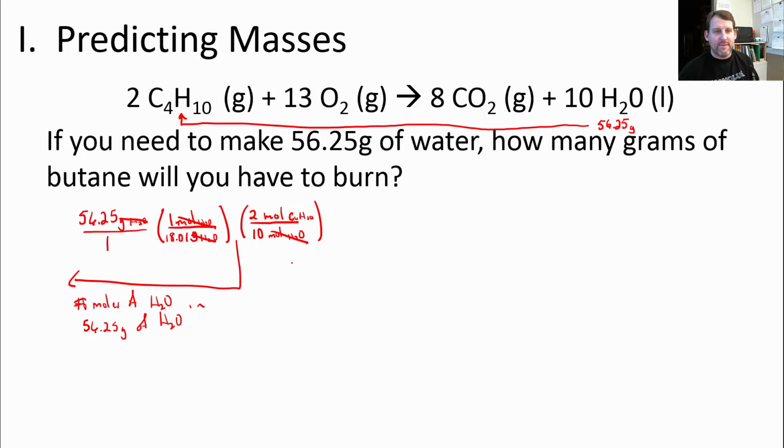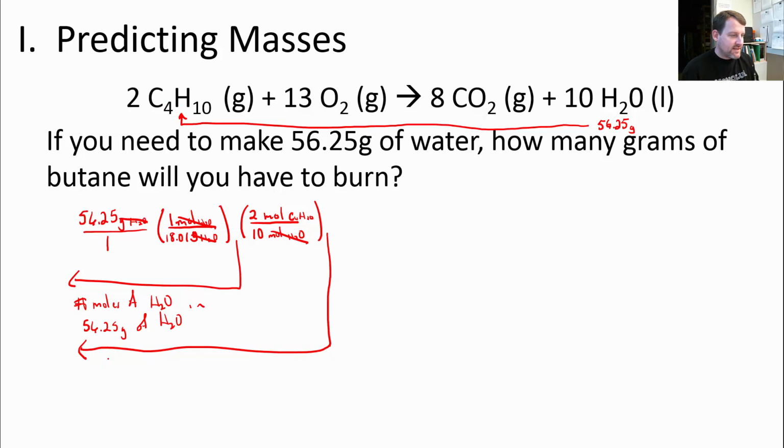Okay, so this question begs, well, what does this number mean now? If we stop right here and do the math, what would that number tell us? That number would tell us the number of moles of C4H10 you need to burn in order to make 56.25 grams. Notice how our language has changed again. Now we're starting here, so we're like, okay, so we need to use up this in order to make that.